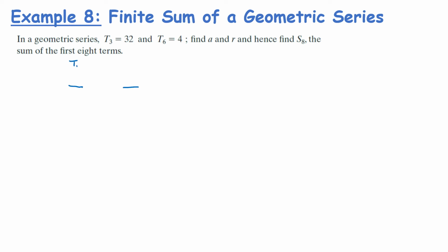T1, T2, T3 we know, T4, T5 and T6, and that is 4. Remember, this is geometric, so each time I move from term to term, we call that our term to term rule.